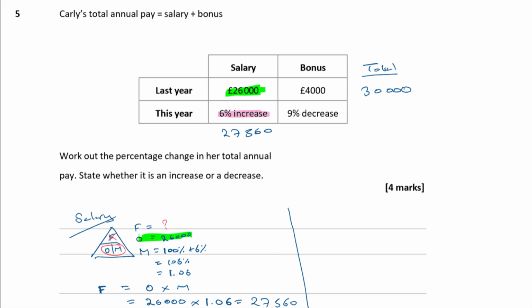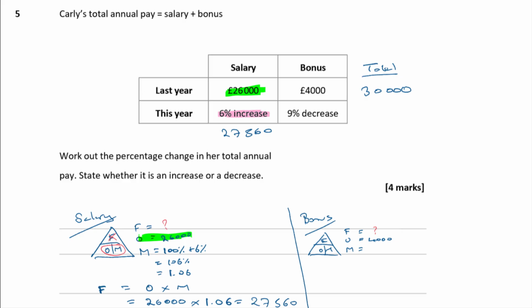Now we also need to work out what's happening with her bonus. Her bonus is decreasing by 9%. So I'm going to do another triangle. Final, original, multiplier. Now this time, I'm still looking for the final after a decrease of 9%. Now last year it was 4,000, so that's going to be my original.